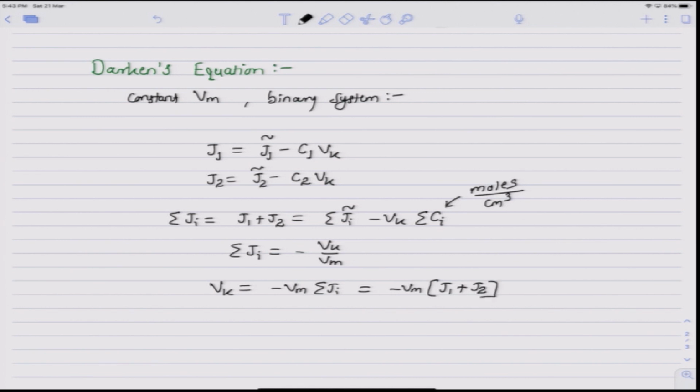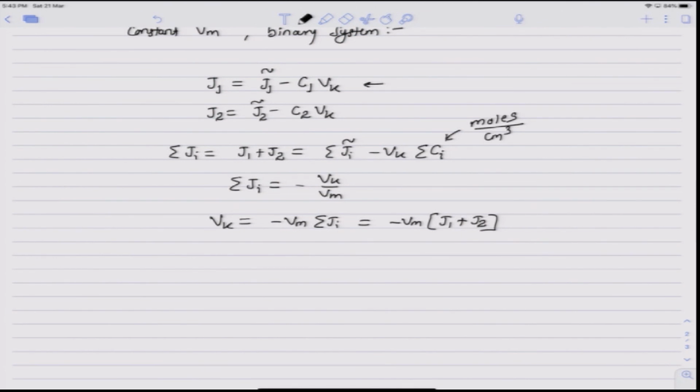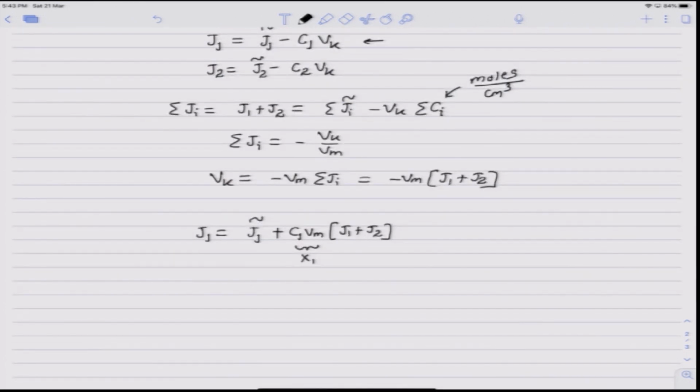So if we substitute back into the equation for J1, we get J1 is equal to J1 tilde plus C1 times Vm times J1 plus J2, but C1 times Vm is nothing but the mole fraction of 1, x1, and if we rearrange the terms, we get J1 tilde is equal to 1 minus x1 times J1 minus x1 times J2, and 1 minus x1 is nothing but x2.